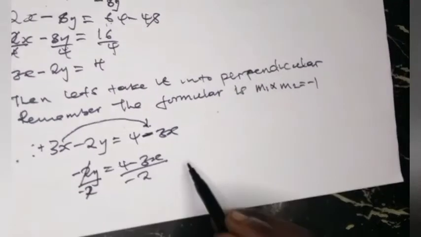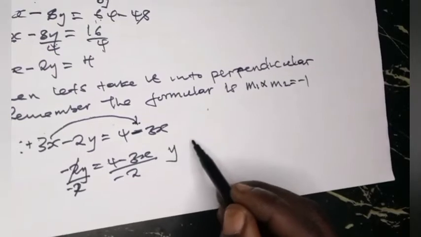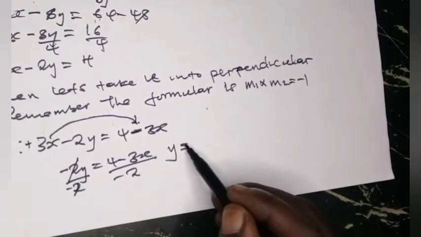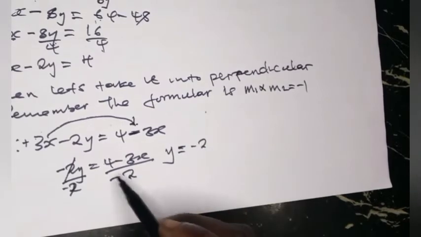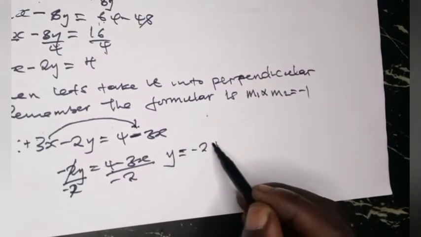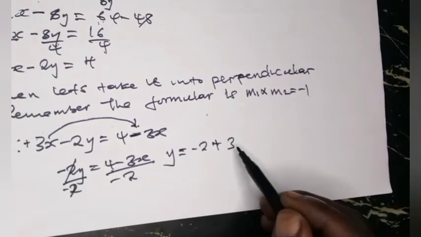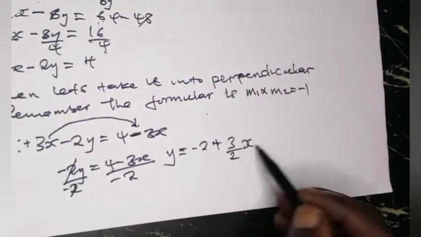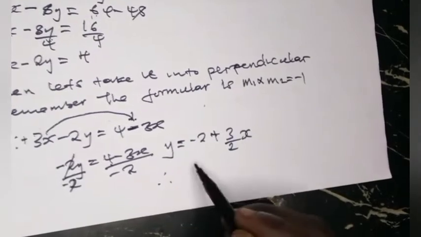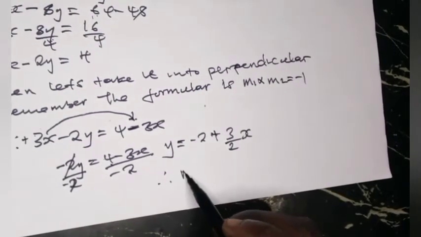We cancel, then y equals minus 2 plus 3 over 2x. So this is our first gradient, M1.